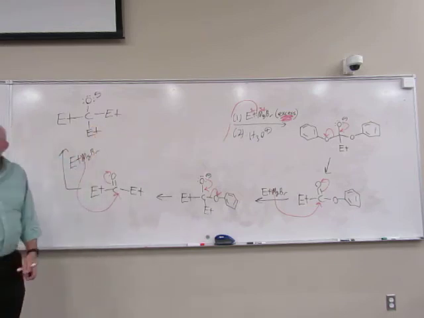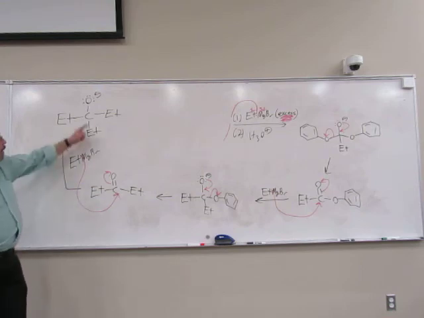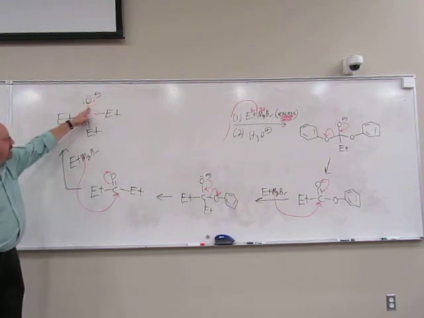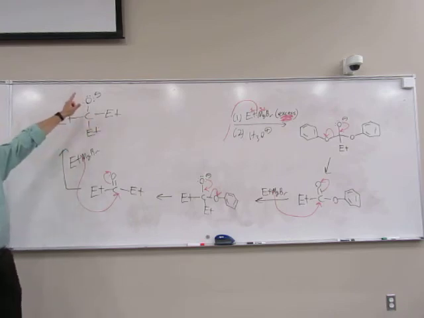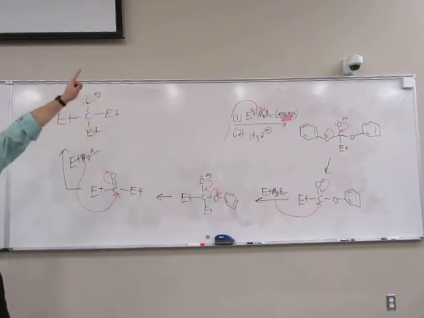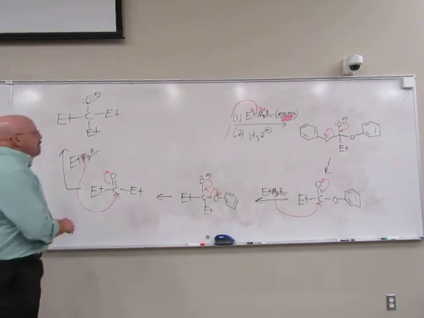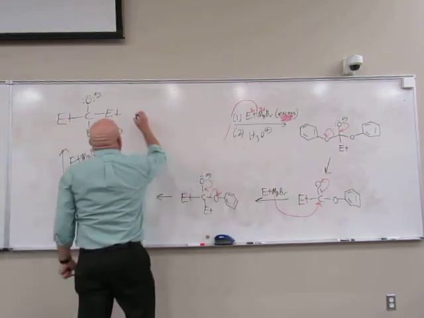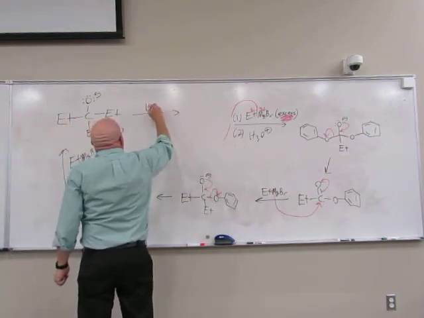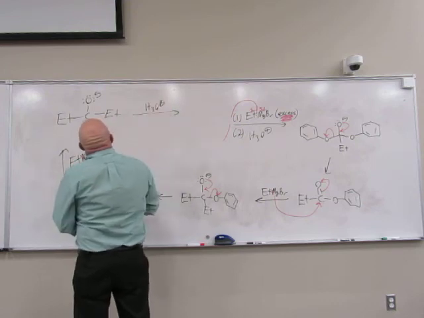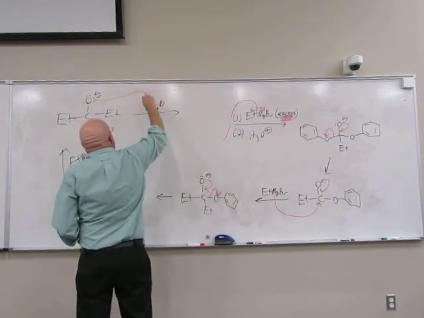Now, anytime you kick electrons onto the oxygen again, check and see if they can kick back in and reform the carbonyl. If they kick back in, is there something we can kick off? No, it's carbon-carbon, carbon-carbon, carbon-carbon. It's finally finished. Stop. Now, last step, we're adding in acid. And so that will protonate your oxygen. We'll do an acid-base reaction.